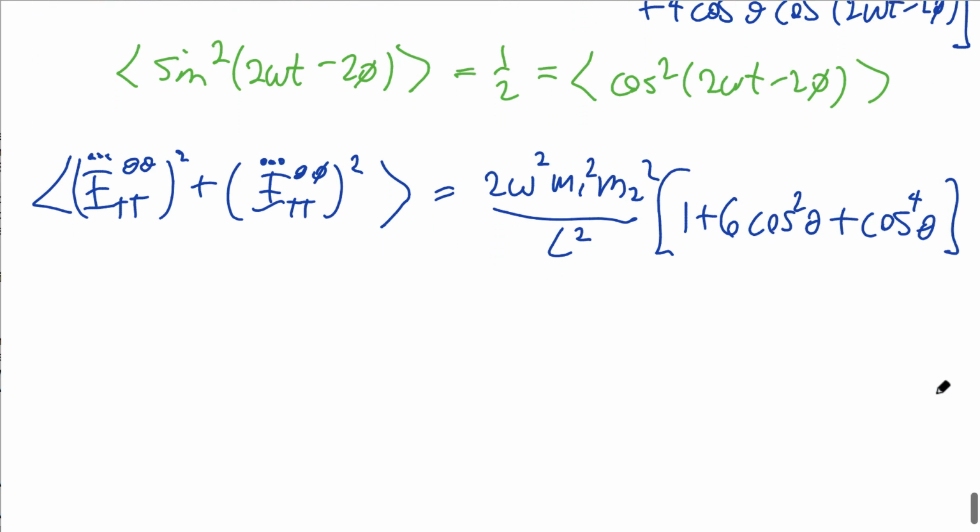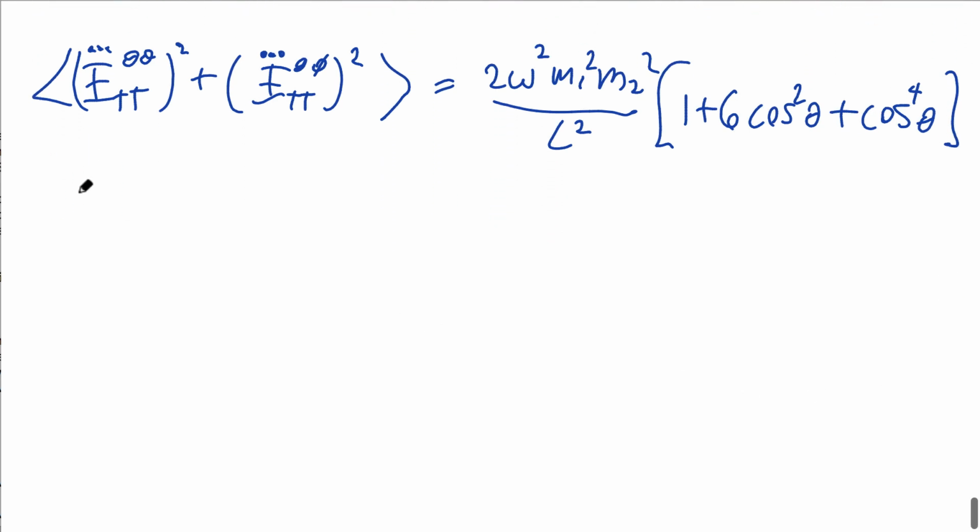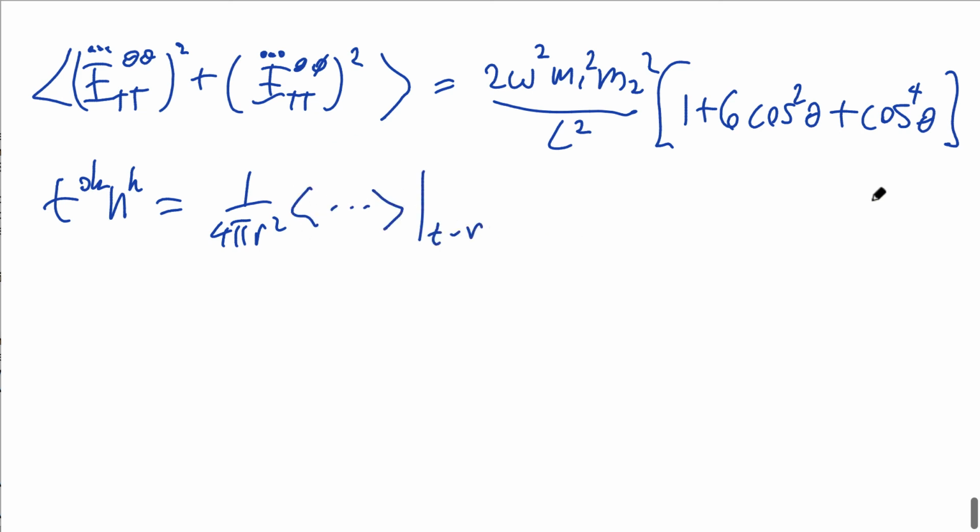And now we can write down the energy flux. It's T0k nk equals 1 over 4 pi r squared times this quantity, evaluated at the retarded time. But notice there's no time dependence in this result, so the evaluation at the retarded time doesn't matter. Let's also recall from Kepler's third law that omega squared is equal to the total mass divided by L cubed.